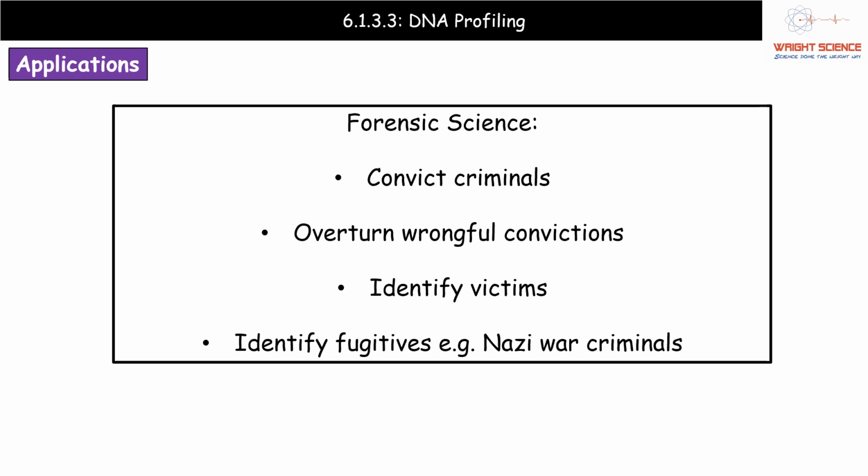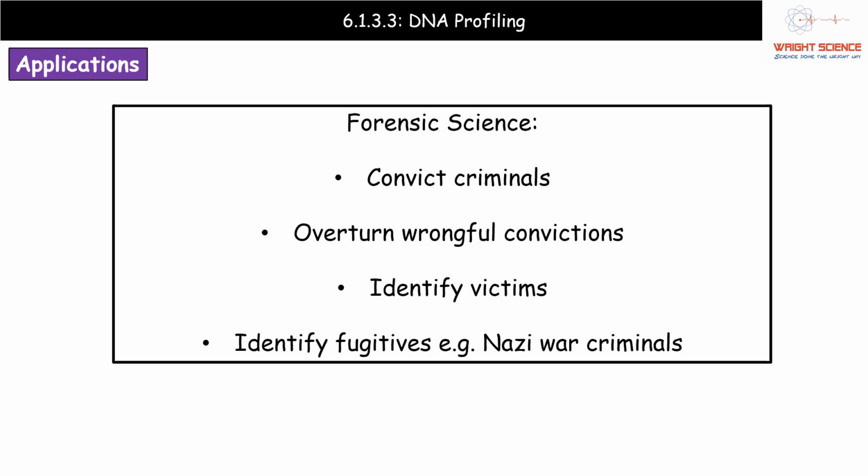Something that's not particularly pleasant, but we do sometimes have to use DNA to identify victims of certain incidents. Obviously, usually we'll be able to identify by facial recognition, but in situations where that's not possible, then we will have to use DNA from whatever remains may be available. And we can also use it in things like identifying fugitives as well.